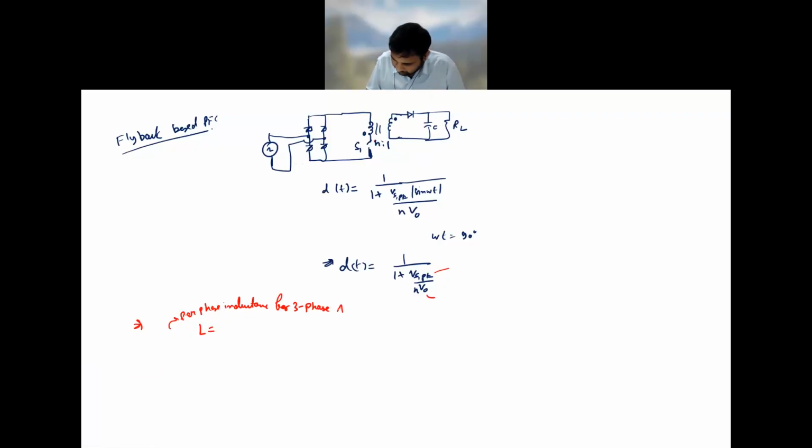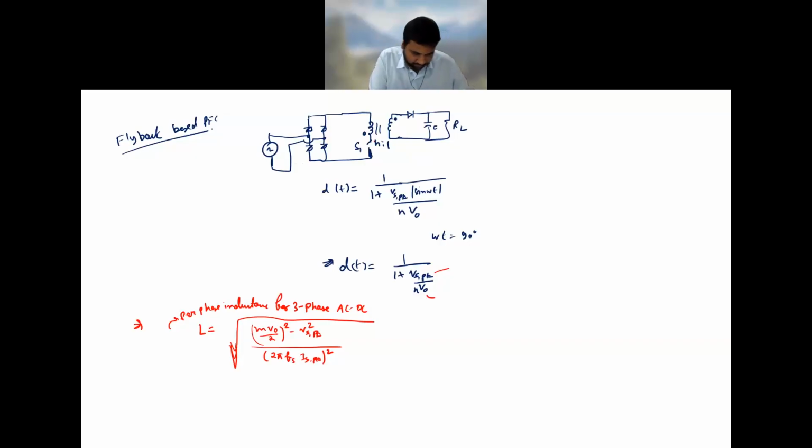It is nothing but L equals under root of M V naught by 2 square minus Vs peak square divided by 2 by Fs Is peak square, that we have already derived.